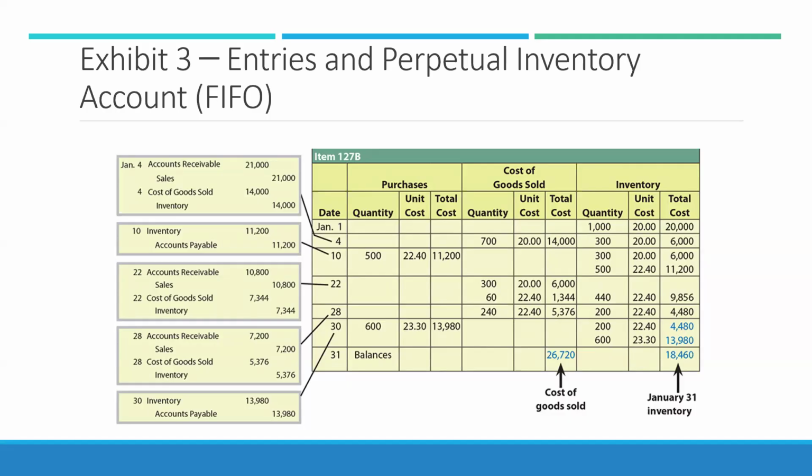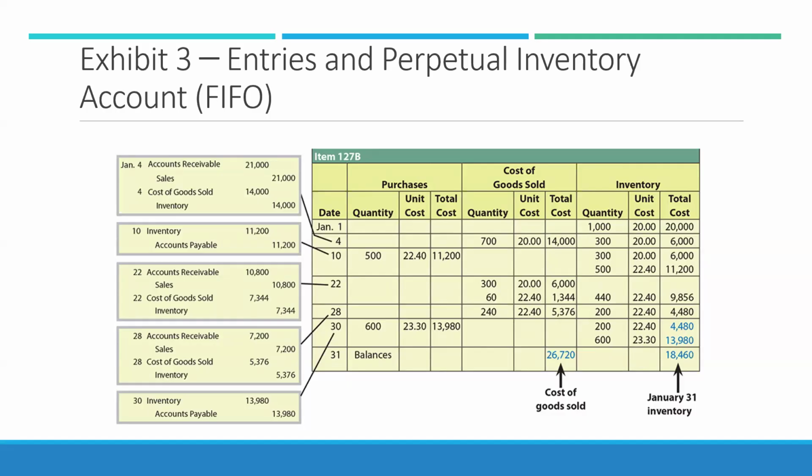Then we purchase another 500 in inventory at $22.40. And so now in the quantity section, we have two separate buckets or tranches of inventory. One is 300 units of the $20 inventory, and we have 500 units of the $22.40 inventory. And so the total cost would be added between the two, the 6,000 plus the 11,200.